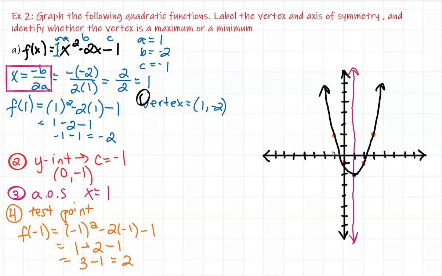Every time I think it's about to not look too bad, I mess it up on the left-hand side. Okay, so there it is. Last thing we have to do is determine whether the vertex is a maximum or a minimum. What do you think here? Well, in this case, since it's the lowest, it's going to be a minimum.